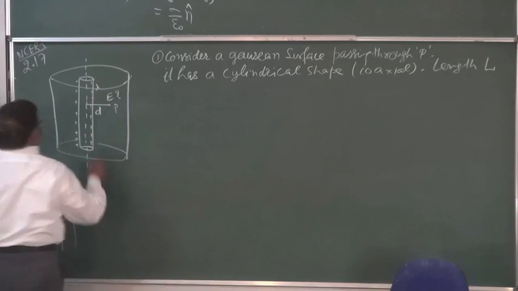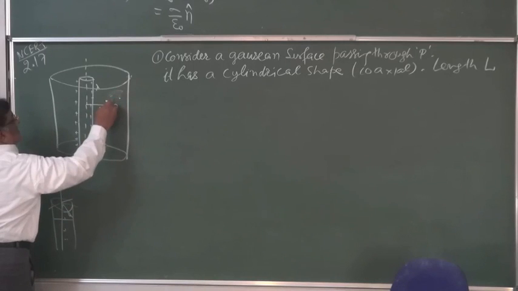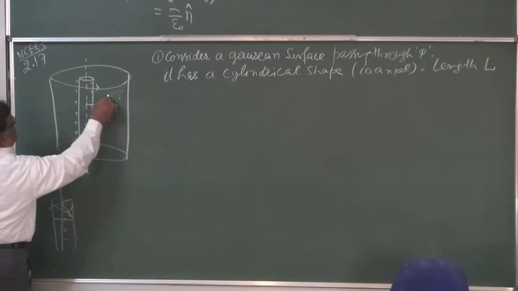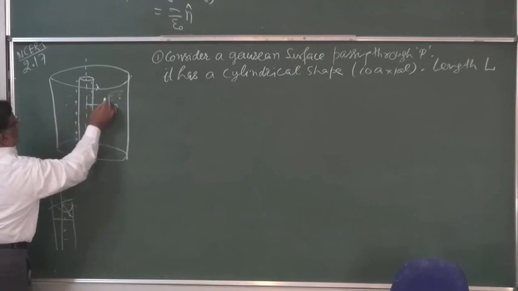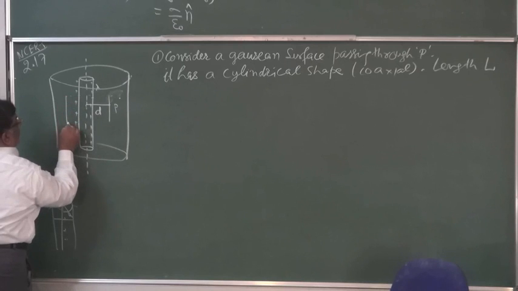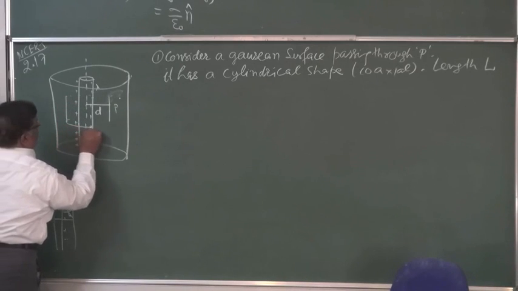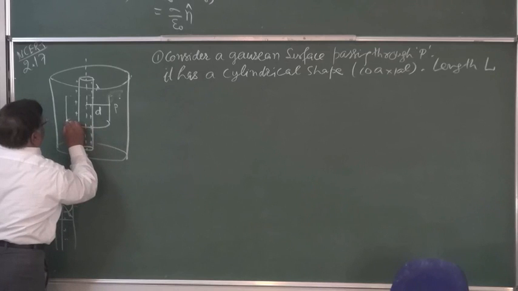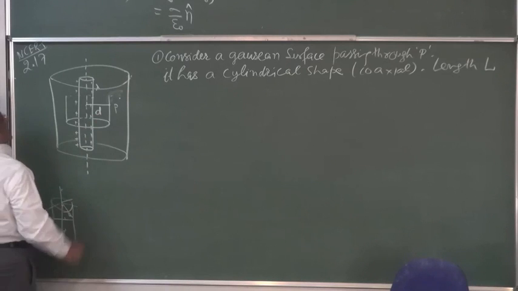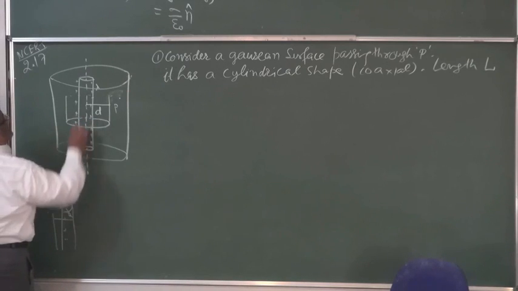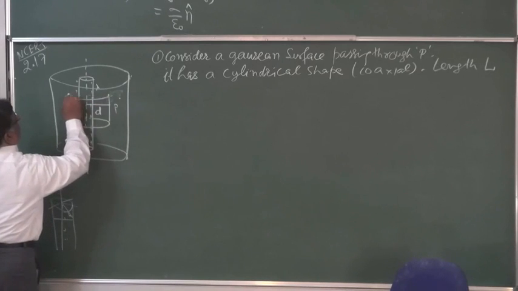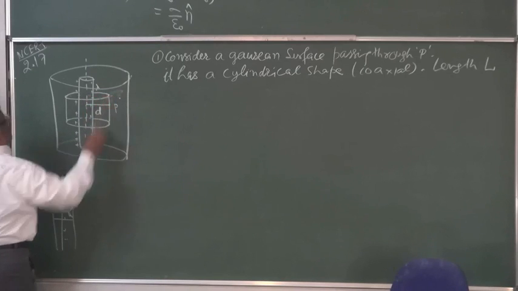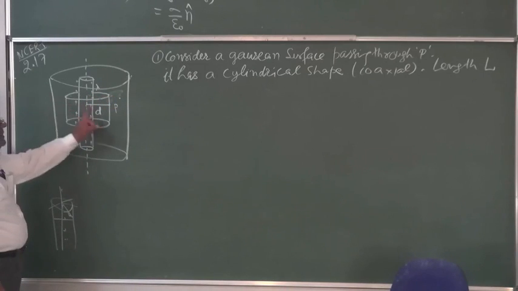So here we made a surface like this. We took the same distance on this side and all around, and here we made a cylinder. That cylinder will be like this. This way. Here again. Now, this is the curved surface.